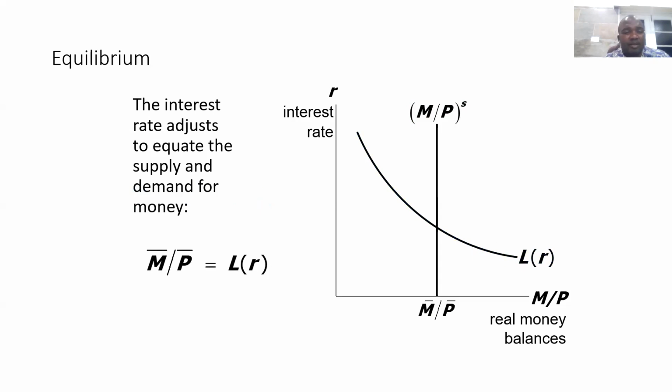Equilibrium in the money markets occurs at a point where money supply, represented by M with a flat bar over P with a flat bar, is equal to LR, which is our money demand.